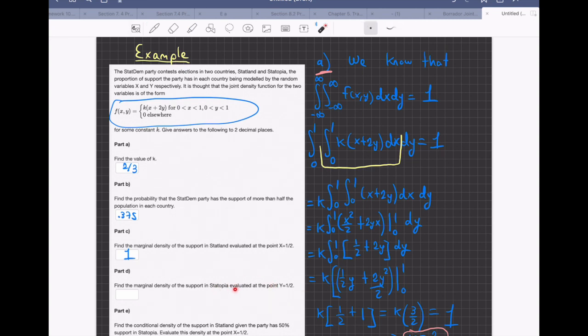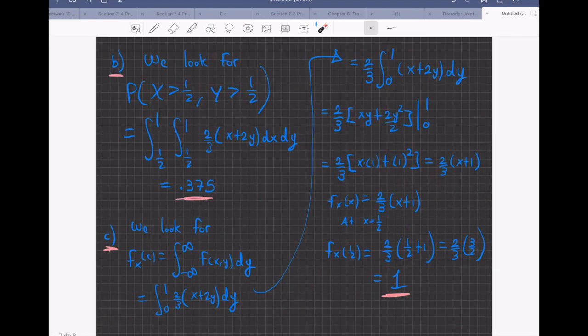Repeat the same for y, but now you will have to integrate over x. You are going to find the marginal y density. Yeah, I know, it's weird, right? Because to get the marginal density for x, I have to integrate over y. That is true. If you want to get the marginal density for y, you will have to integrate over x.